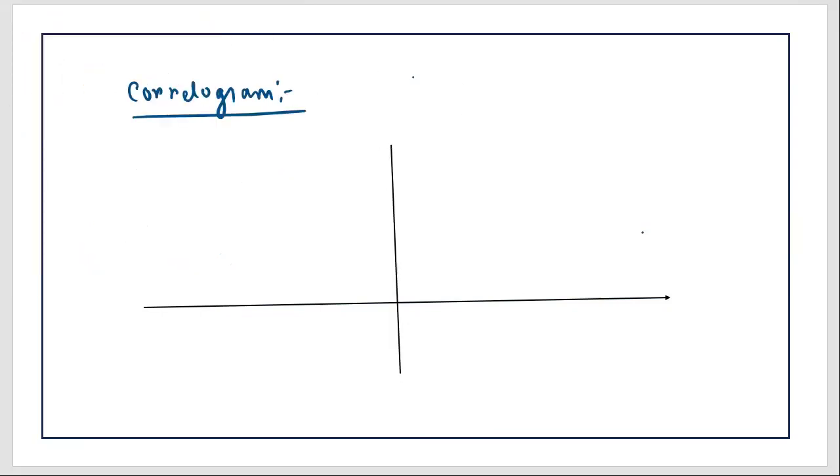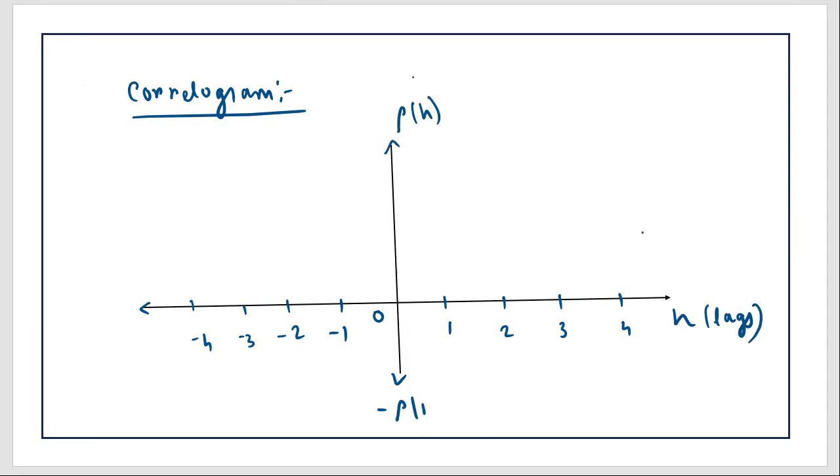On one axis, we measure the lags. On this axis, we measure the correlation, the autocorrelation function, which is this. Now for 0, then 1, then 2, for 3, for 4, and here you have -1, -2, -3, -4. So it will continue from minus infinity to plus infinity. And here you have the negative values.